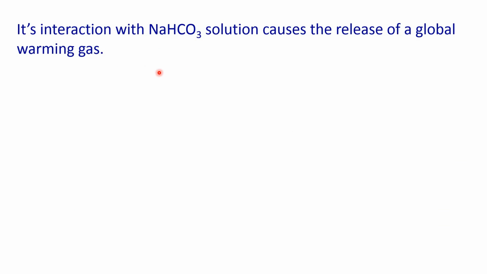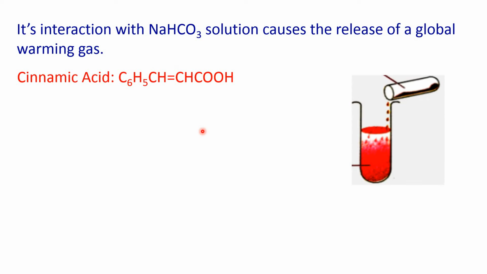Now, the next clue was, its interaction with sodium bicarbonate solution causes the release of a global warming gas. Now, this is cinnamic acid, and when this cinnamic acid is treated with a solution of sodium bicarbonate, then carbon dioxide gas is evolved as effervescence.